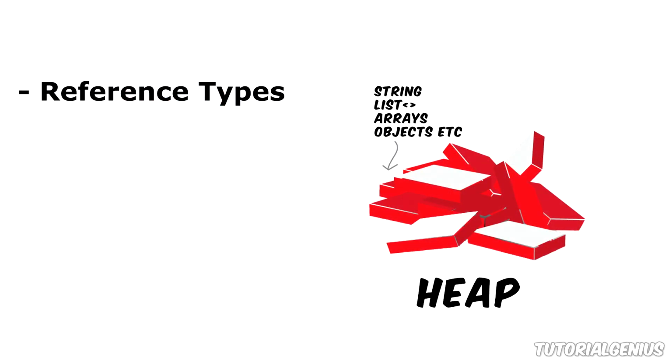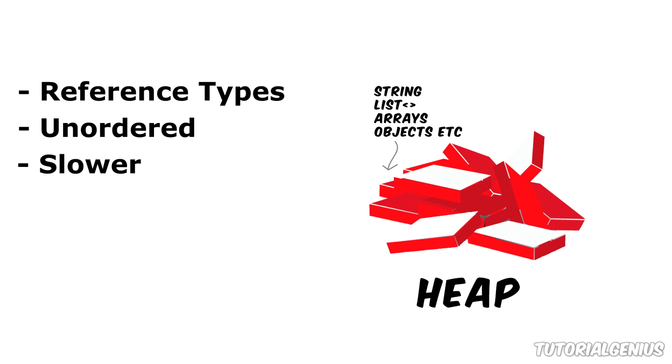Now, the heap area of memory is quite different. Imagine that stack of pizzas, but instead of a nice organized stack, throw them all on the floor, so there are pizzas everywhere. So in heap memory, there's no ordering of the items in the memory per se. Because of the natural layout of items in the heap, retrieval is slower because the process of accessing the data is more complicated.